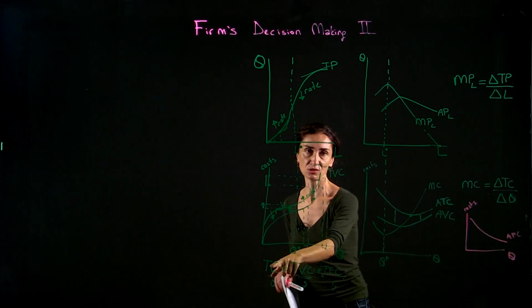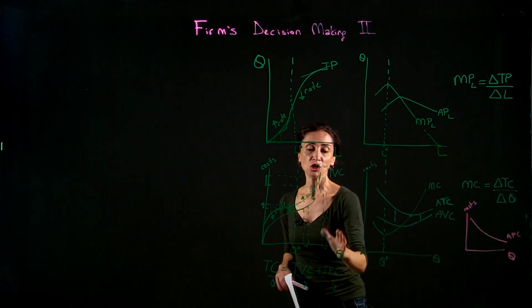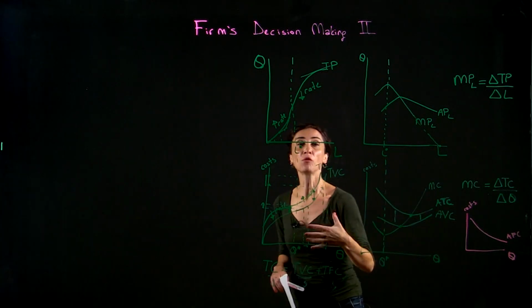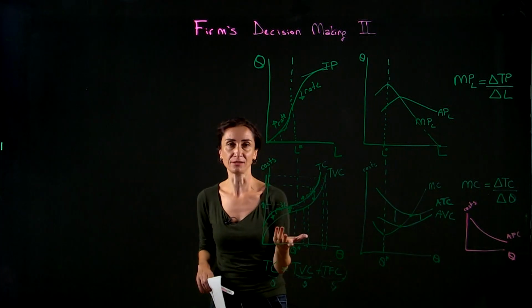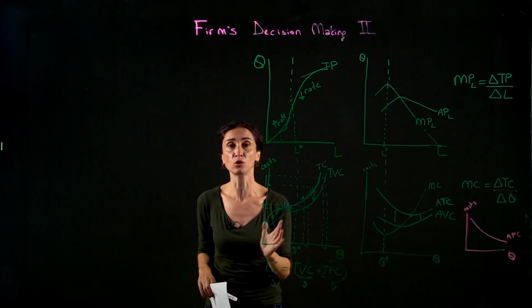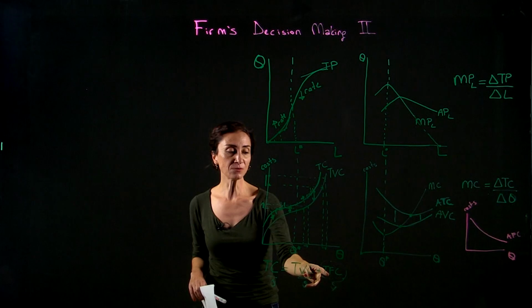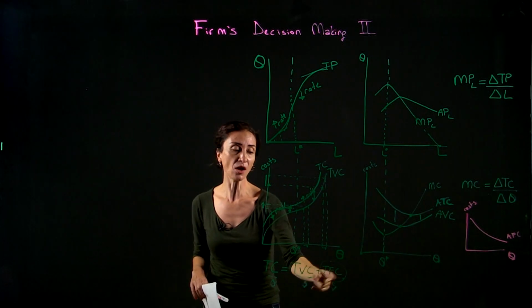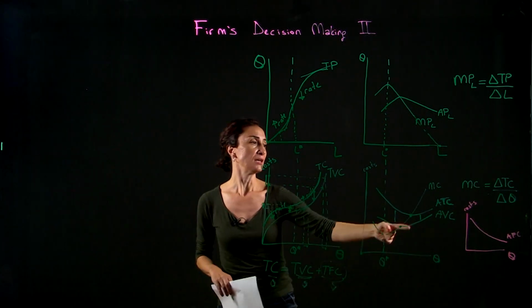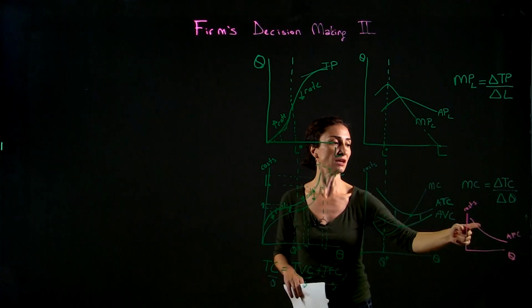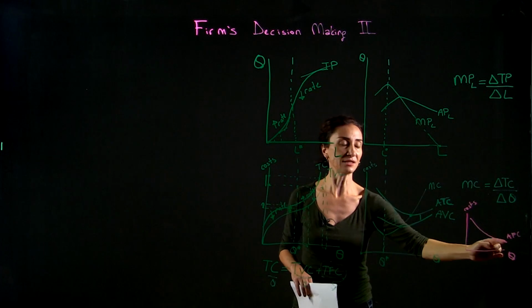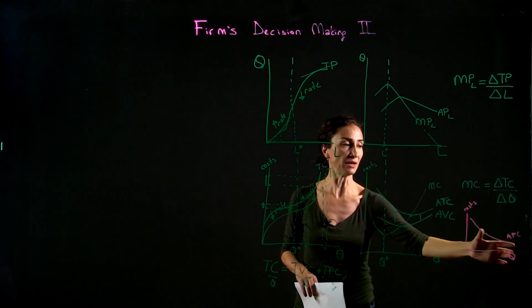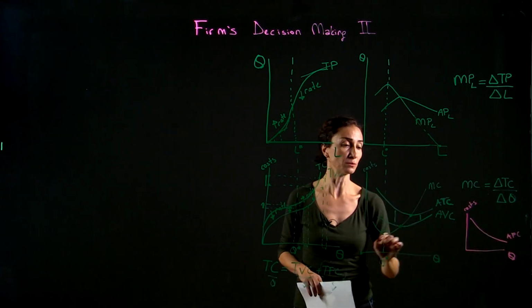This is changing, but this is constant. So whatever the cost of capital, the fixed input, whatever the cost of plant size, let's say 10,000 TL, I'm dividing that same number with a higher number. 10,000 divided by 1, 10,000 divided by 2, 10,000 divided by 3. So it gets smaller. There is no U shape. This is called average fixed cost.